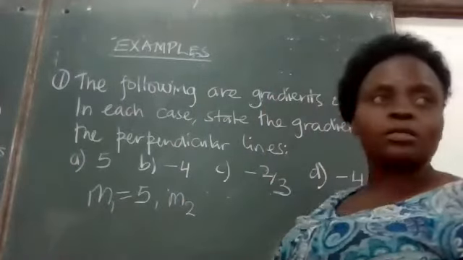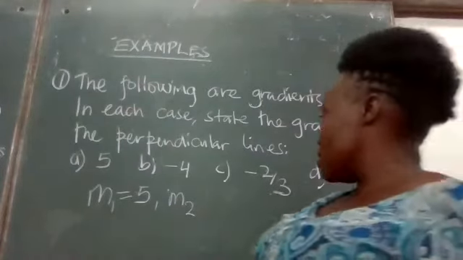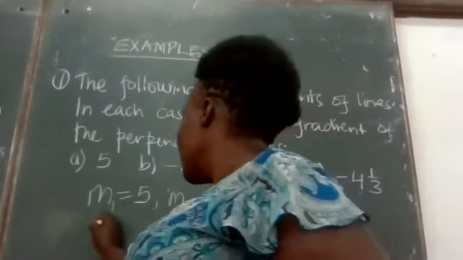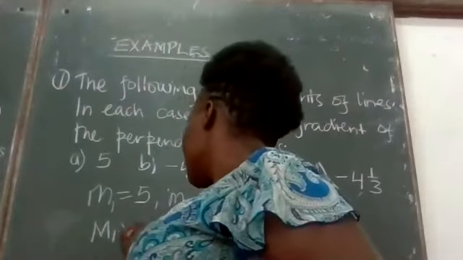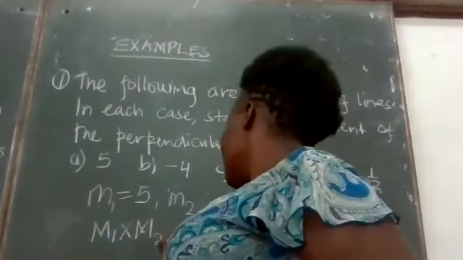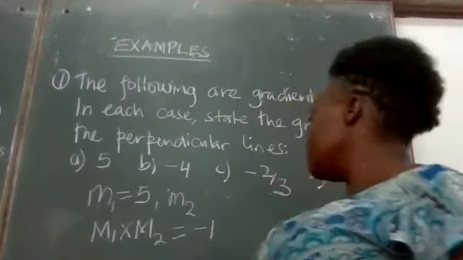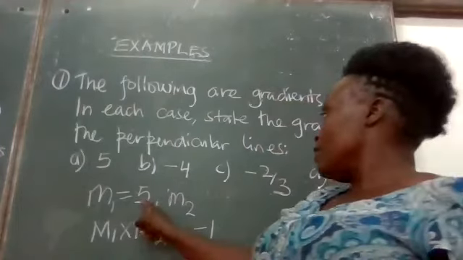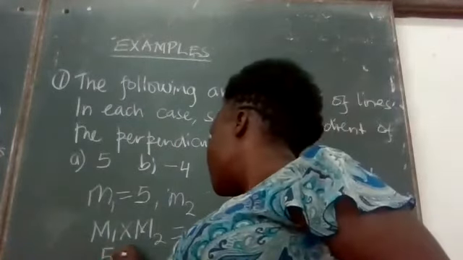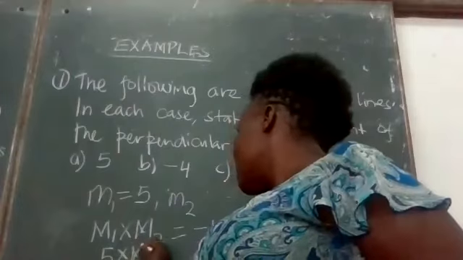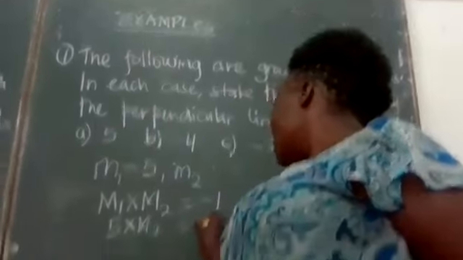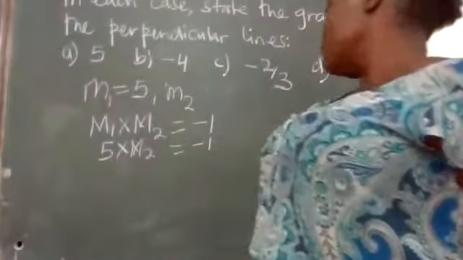The condition that Mrs. Nampaj has just written is that M1 times M2 is equal to -1. So if I have M1 as 5, I'm going to multiply that by M2, and my answer is -1.